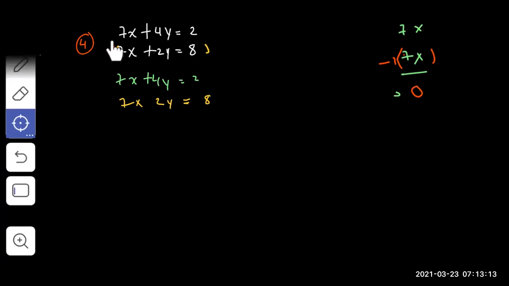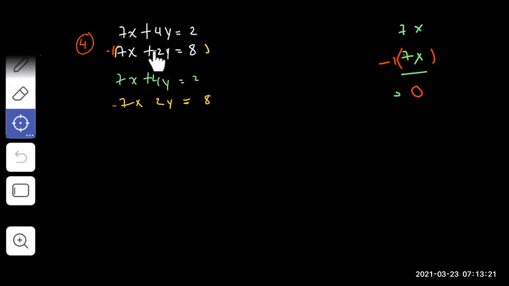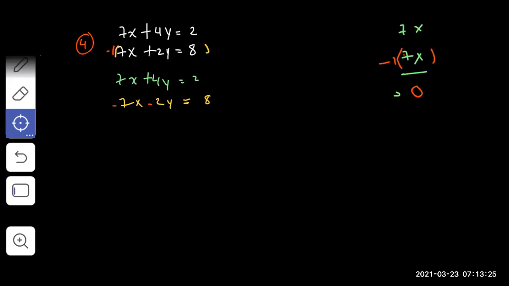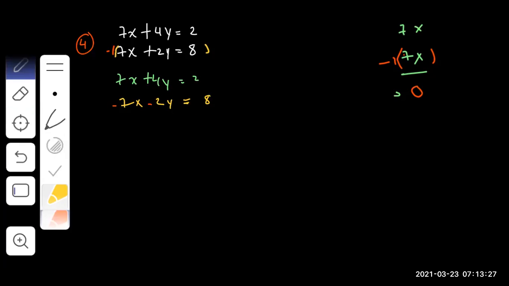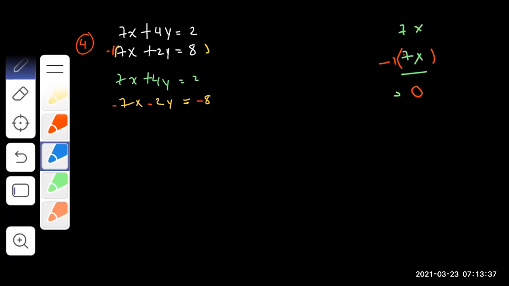When you multiply by -1, guys, the only thing that changes is the sign. This is positive, now it's going to be negative. This is positive again, and now it's negative, and the result is going to be negative, just like that. But if you want to use the distributive property, -1 times 7 is -7, -1 times +2 is -2, and so on. It's exactly the same thing.